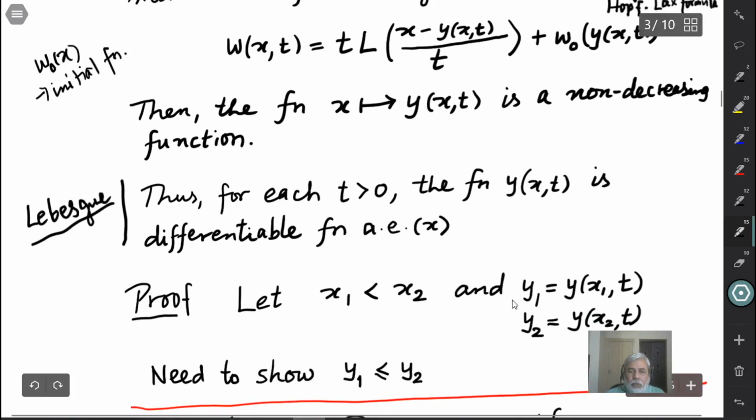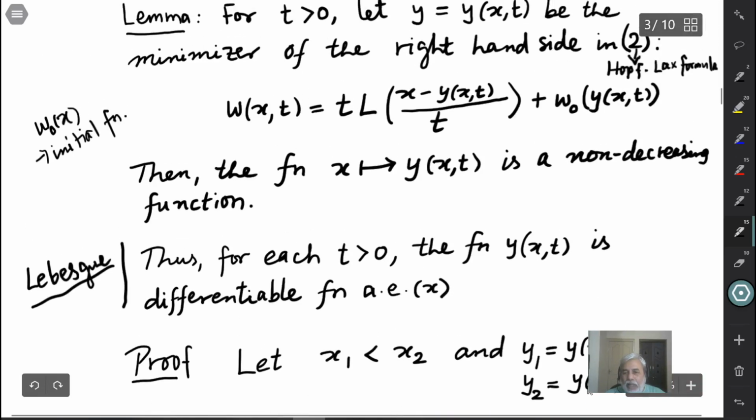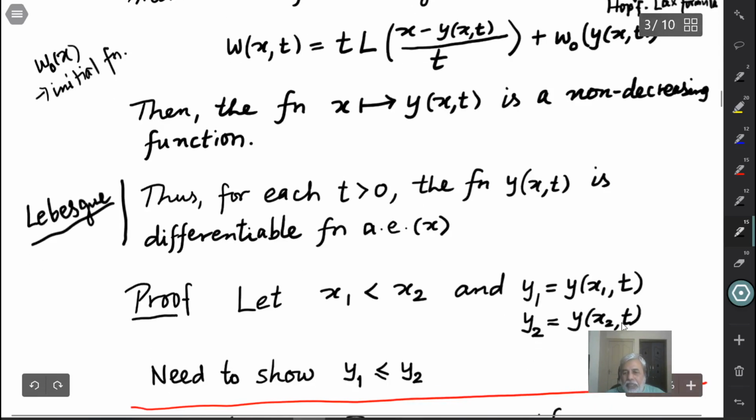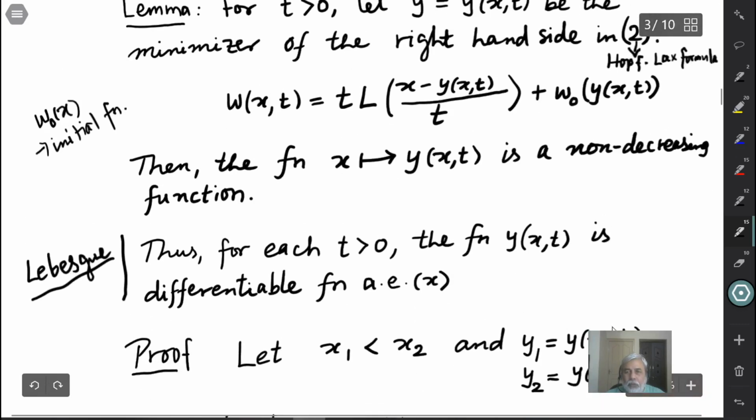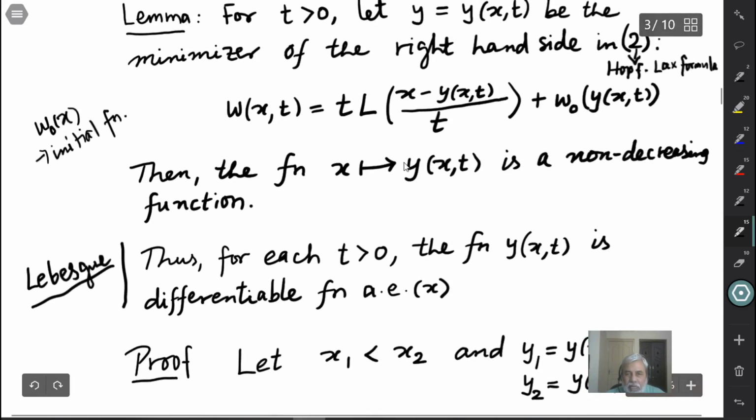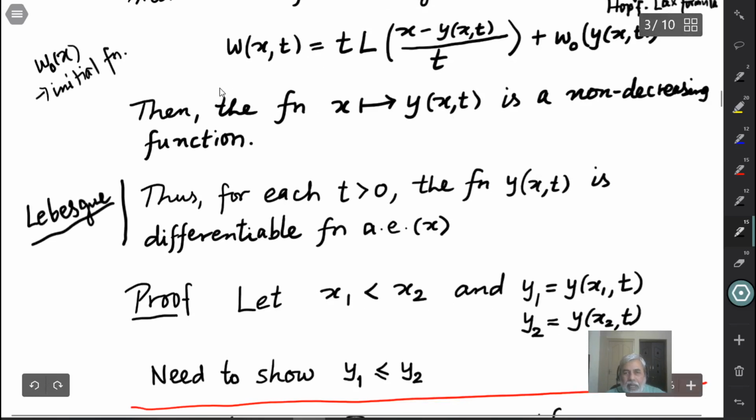In order to show that this is non-decreasing, take any two real numbers x1 and x2, x1 less than x2, and let y1 be the minimizer at x1 and y2 the minimizer at x2. So you just keep this Hope-Lax formula in mind all the time. Okay, that's the major thing we are going to use again and again.